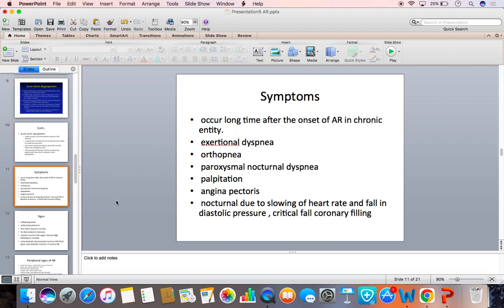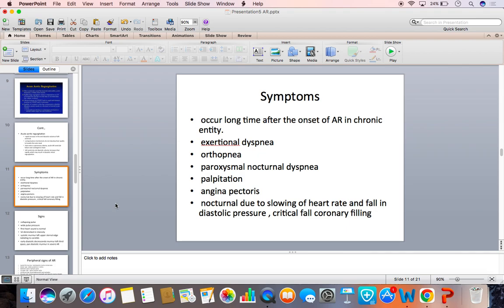Coming to the symptoms of chronic aortic regurgitation. The symptoms occur a long time after the onset of aortic regurgitation in the chronic entity. Okay, so there is onset of exertional dyspnea, orthopnea, paroxysmal nocturnal dyspnea, and there is palpitation because of the volume overloading of the left ventricle. There is angina pectoris, chest pain.